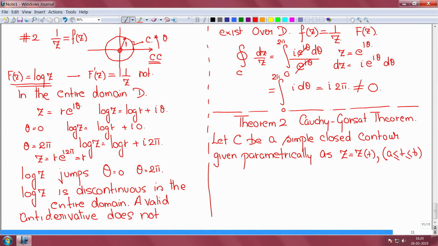Here t is a real variable extending between a and b.